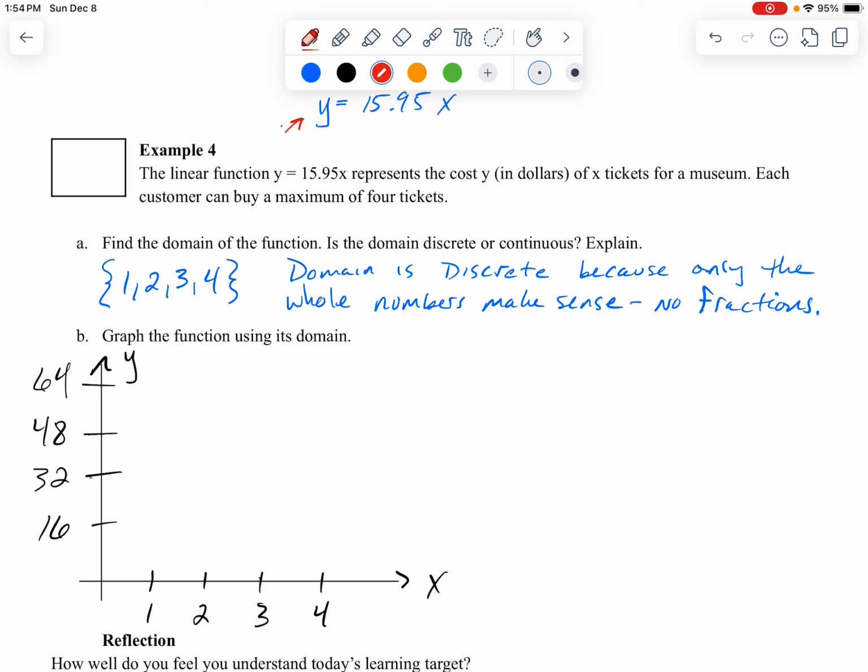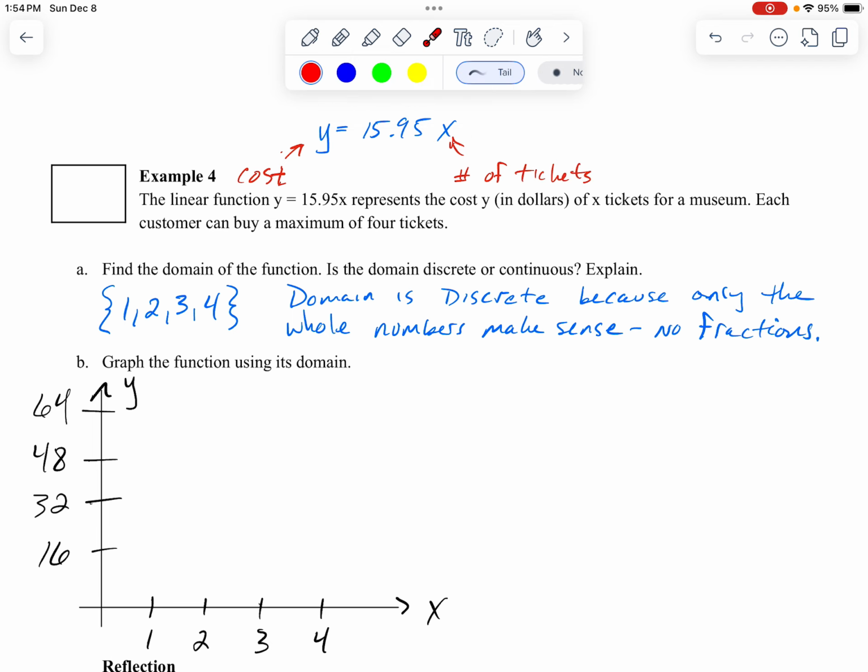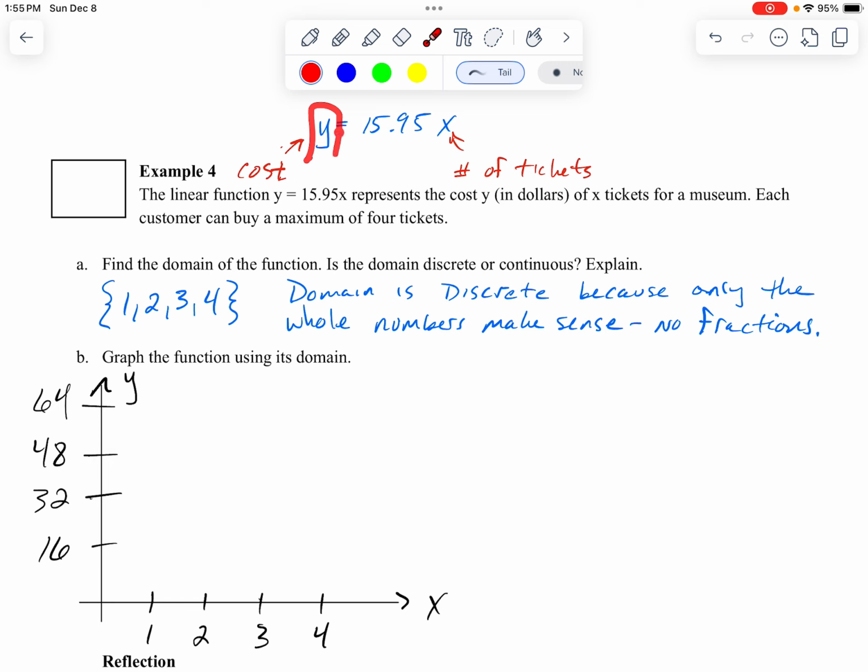It told us that y, the cost, in dollars, for x tickets. So x is the number of tickets. So basically, if I know how many tickets we're buying, I multiply it by 15.95 and I get the total cost. And it's important to notice that a customer can buy a maximum of 4 tickets.